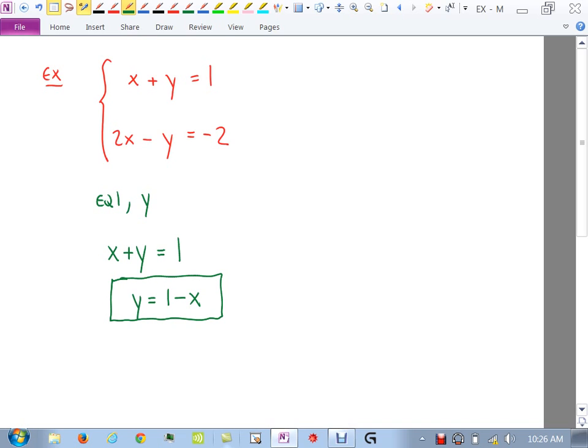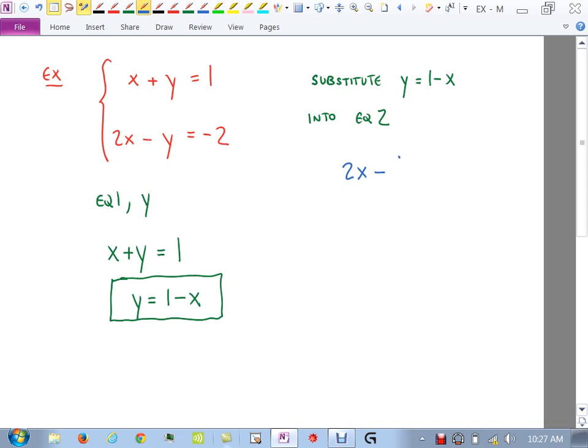Yeah? Okay. Now I'm going to substitute y equals 1 minus x into the second equation, right? Now we have to be a little careful here because look at what's sitting in front of the y in the second equation. A minus sign, right? That minus sign is really like a negative 1.